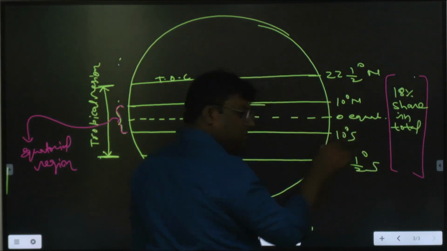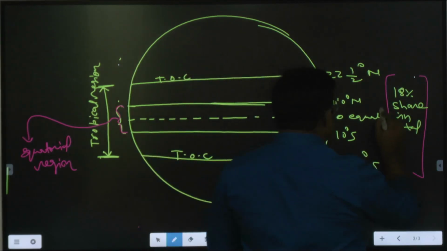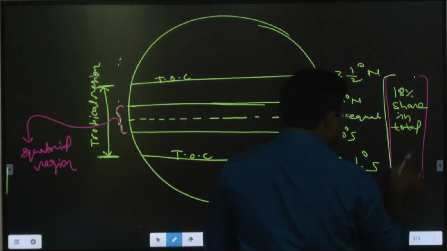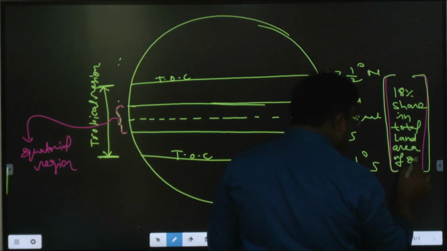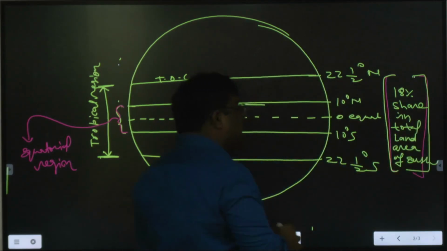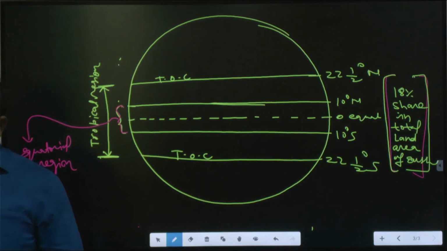If you want, you can plot this diagram and write this information. Just an 18% share, right? Tropical region.